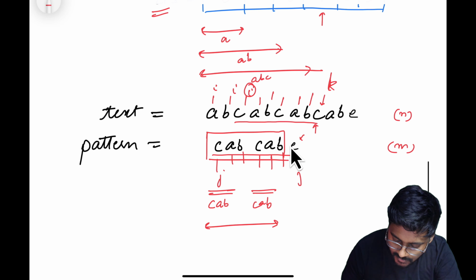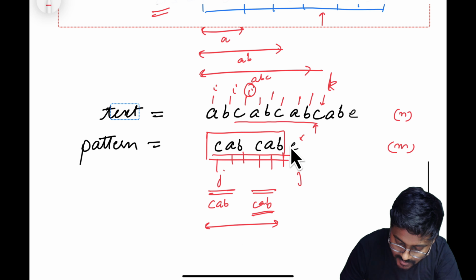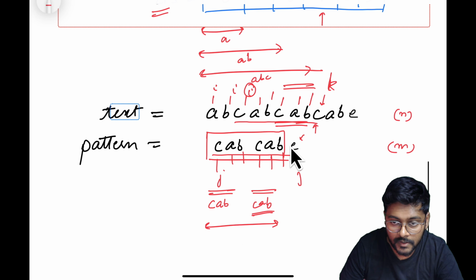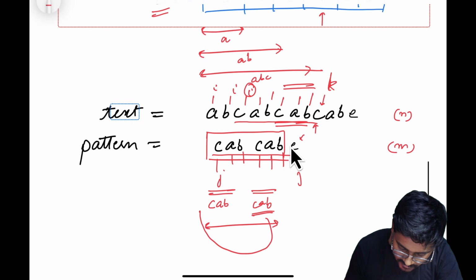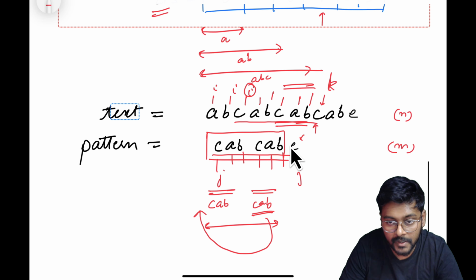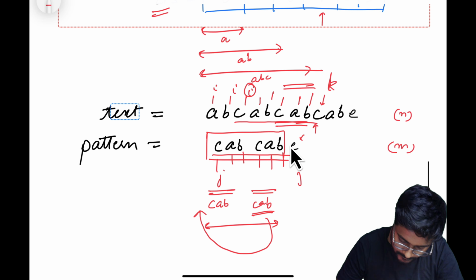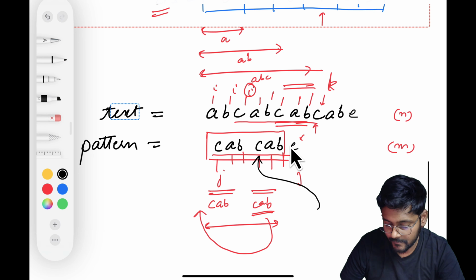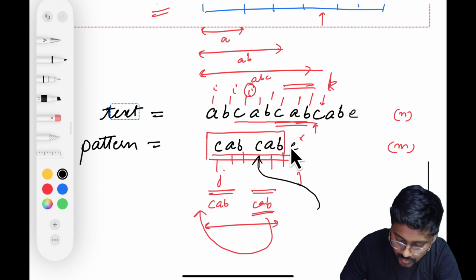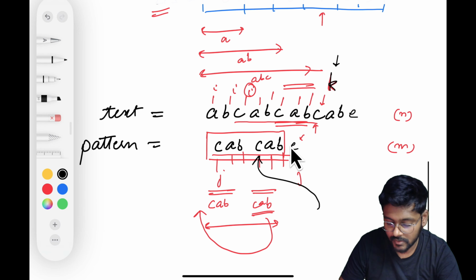It means this CAB is present at this location before k. And if this CAB is present in the text, this value is also a prefix. If it is also a prefix, then there is no need to compare that again. That means I can start matching from C again, and there is no need to change this pointer.